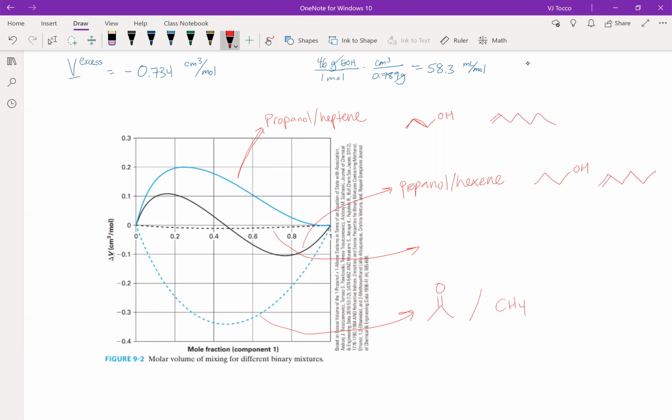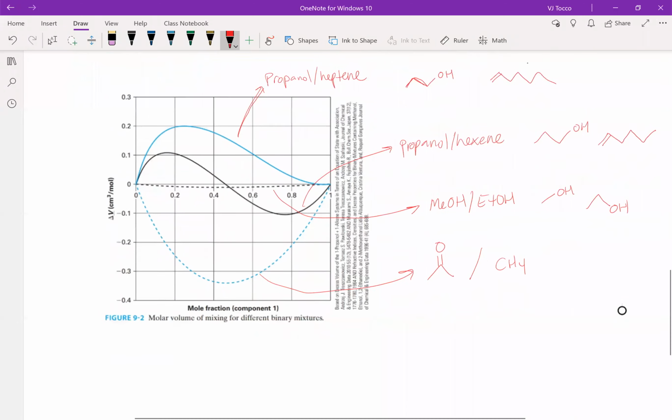That one is methanol ethanol. Methanol and ethanol are similar compounds. Methanol is one carbon and an OH, ethanol is 2 carbons and an OH. For that system, where you've got similarly sized alcohol molecules, the change of molar volume on mixing is very subtle compared to the other ones.